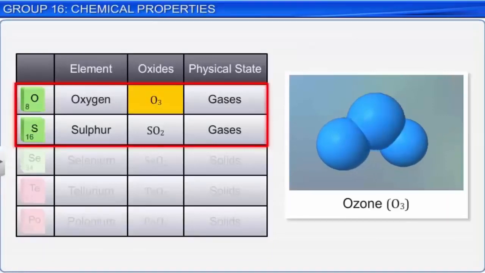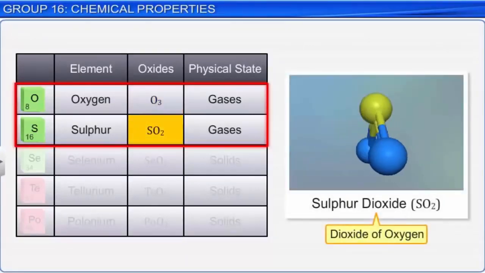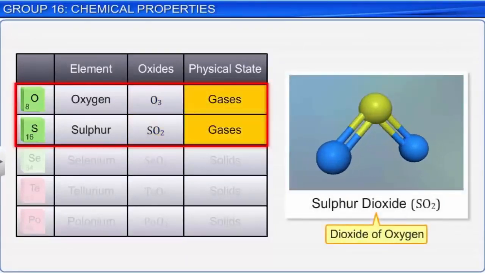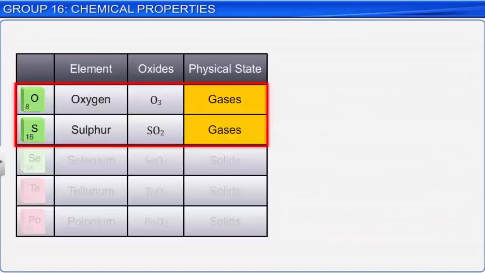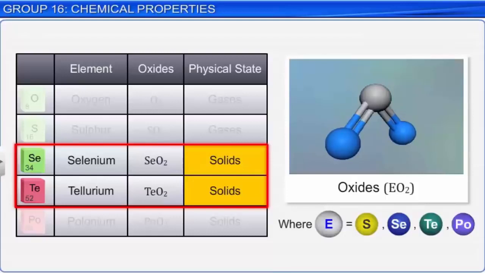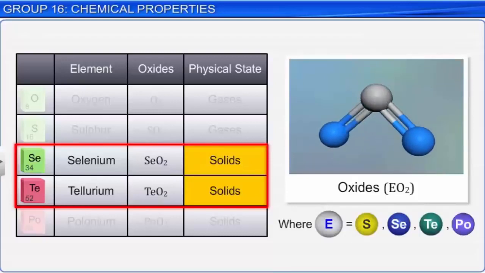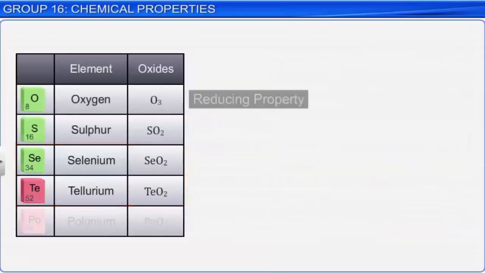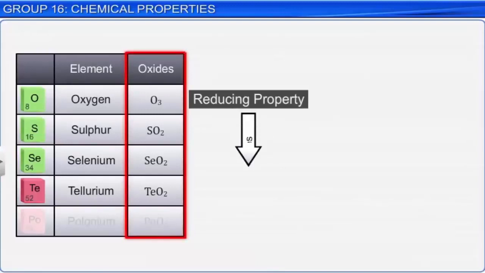Ozone, which is treated as a dioxide of oxygen, and sulfur dioxide are gases, while selenium dioxide and tellurium dioxide are solids. The reducing property of these dioxides decreases from sulfur dioxide to tellurium dioxide.